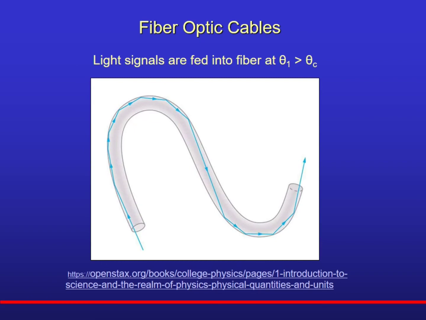It's greater than the critical angle. Therefore, no light escapes the fiber. It's all completely, totally reflected. So even though this glass fiber may be bent, the light can travel for long distances. By long distances, I mean cables that go across the country, that may go underneath oceans, etc.